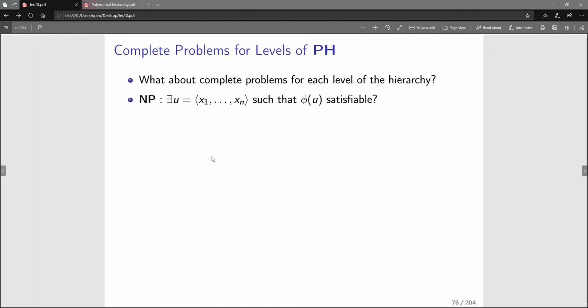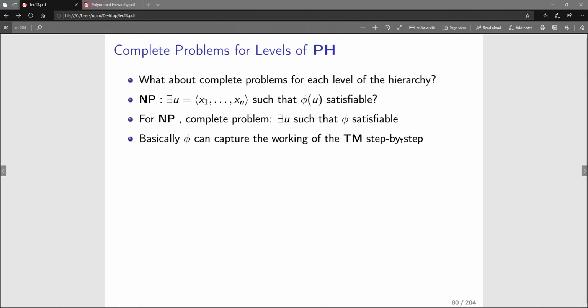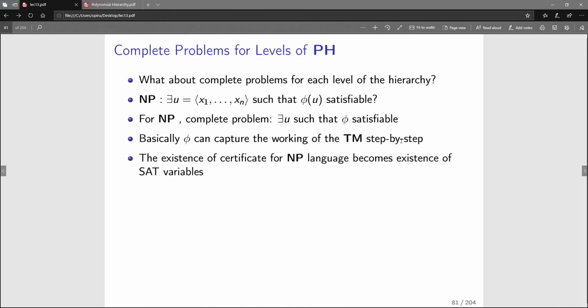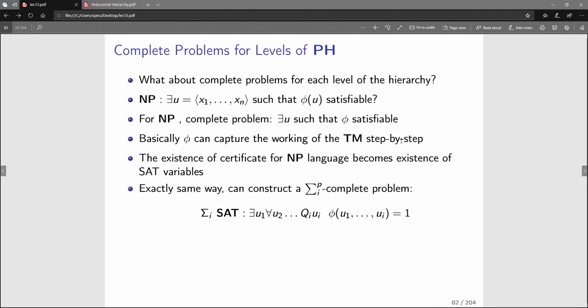Let's take the SAT example here. For NP complete problems, there exists a certificate U that the Boolean formula phi is satisfied with, right? Similarly, we define here sigma i SAT.